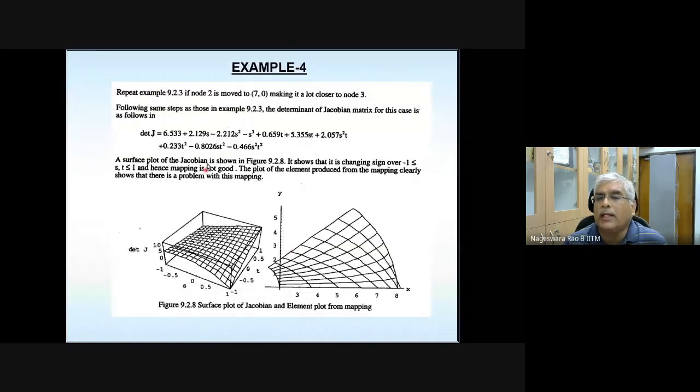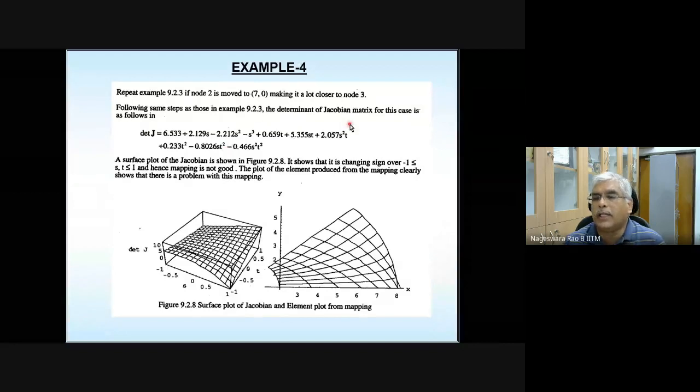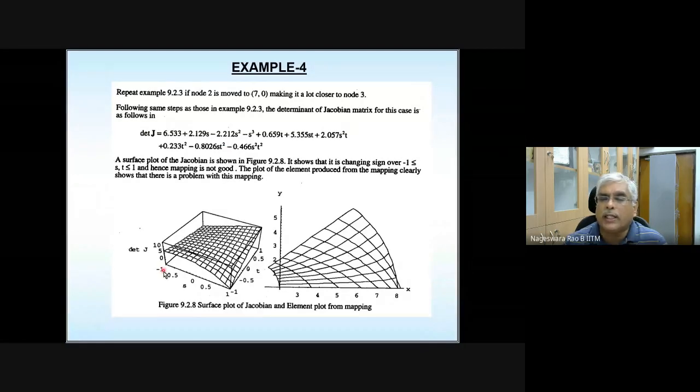As usual, you write the isoparametric relation as well as the determinant of J relation. You plot the determinant of J, or you plot X and Y as a function of S and T. If you closely look at this determinant of J, it is going to be violated because this surface is going to cross the 0 plane. Or if you see the XY plot, you can see there is a fold.